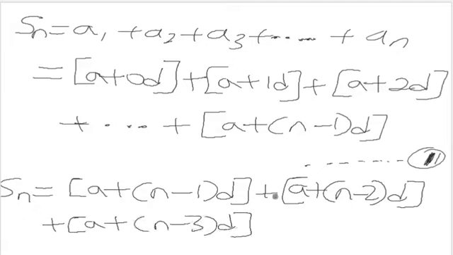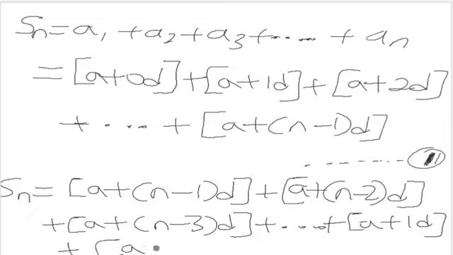Remember, the reverse form is we're starting from the back instead of from the front. If we trace it up to this point, this one is A plus 1D. So the first becomes last and the last becomes first, so A plus 0D. We'll make this one our second equation.